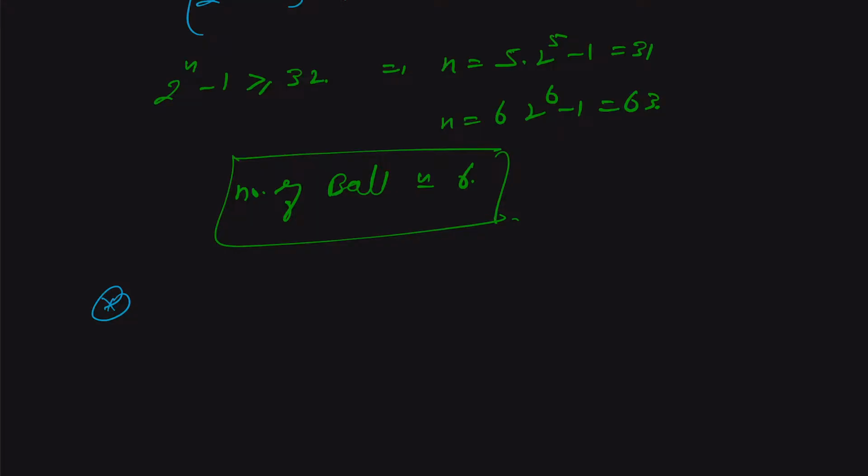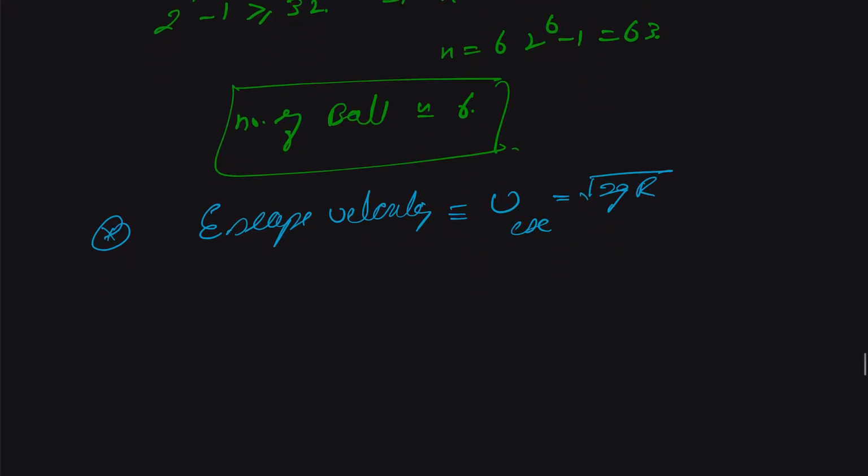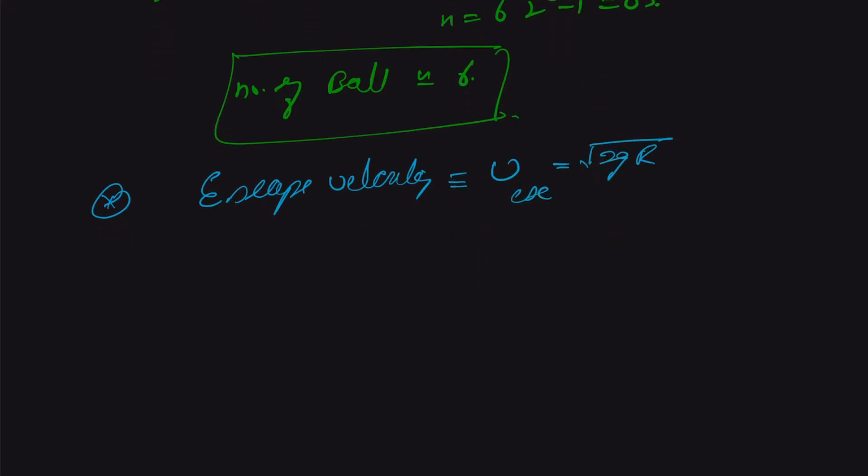We know the formula for escape velocity, v escape, that is equal to square root of 2gR, and for this escape velocity, obviously the velocity part should be greater than the escape velocity.